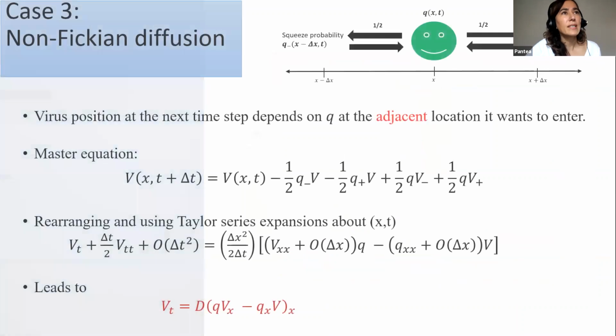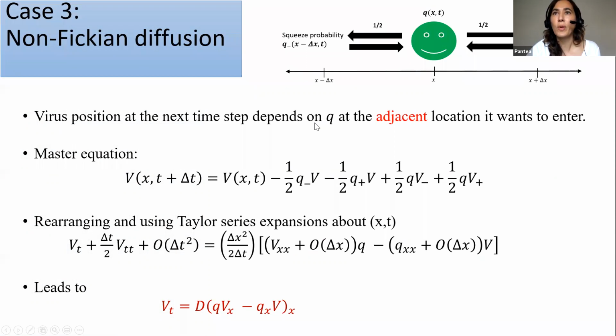Okay, so here's case 3. This is another non-Fickian diffusion case, and this time the virus position at the next time step depends on Q at the adjacent location where it wants to enter.